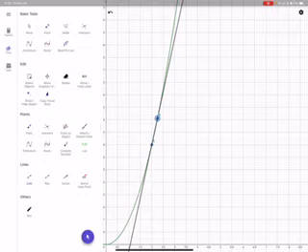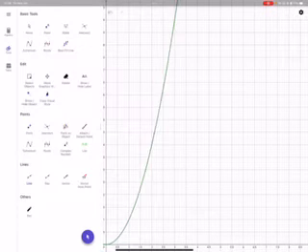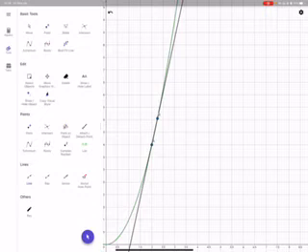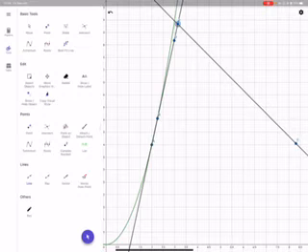Your tangent line should look like that. Yes? Your tangent line should look like this. And then you choose two coordinates. Choose any two coordinates. It's up to you. Any two. Right?